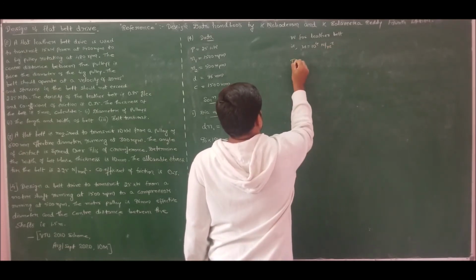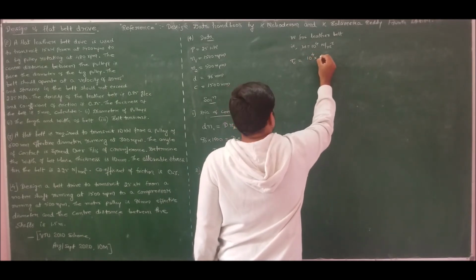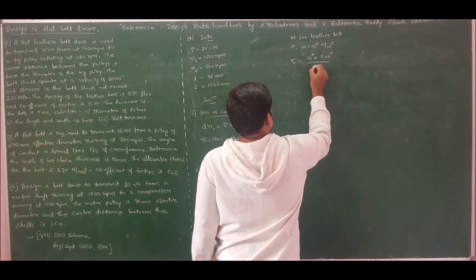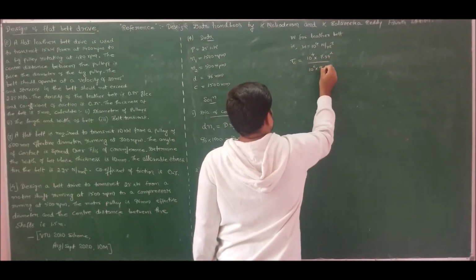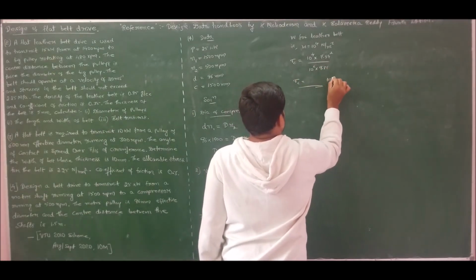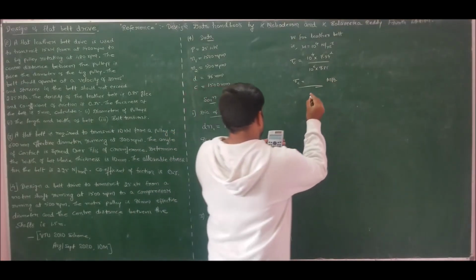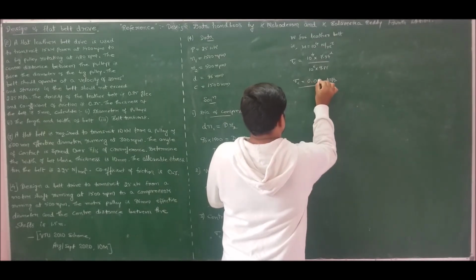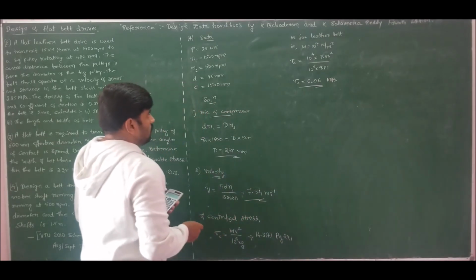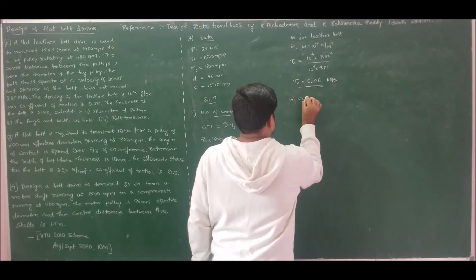So therefore the centrifugal stress is 10 to the power of 4 into velocity 7.54 square divided by 10 to the power of 6 into 9.81. So if I solve, I will get the centrifugal stress as 0.06 megapascals.